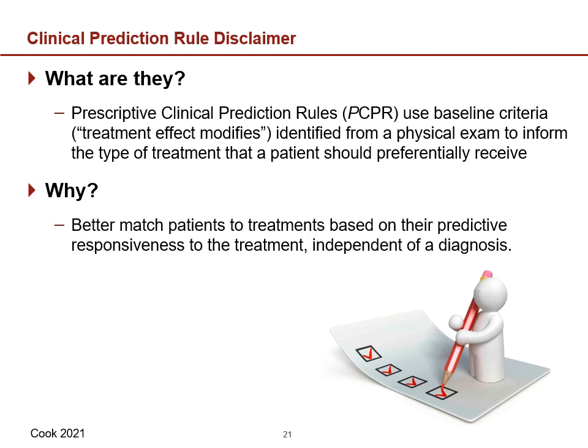And why do they exist? Their purpose is really to better match patients to treatments based on their predictive responsiveness to the intervention, independent of a diagnosis. That sounds a little bit counterintuitive, the absence of a diagnosis. Really, it's like, okay, you're presenting with neck pain.